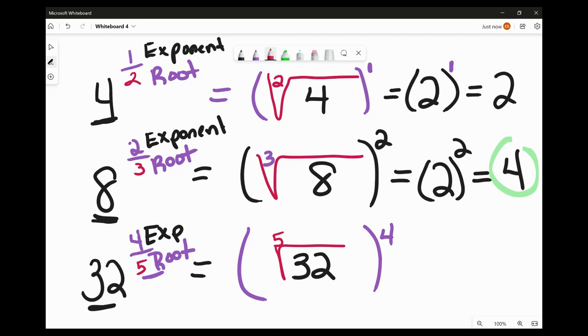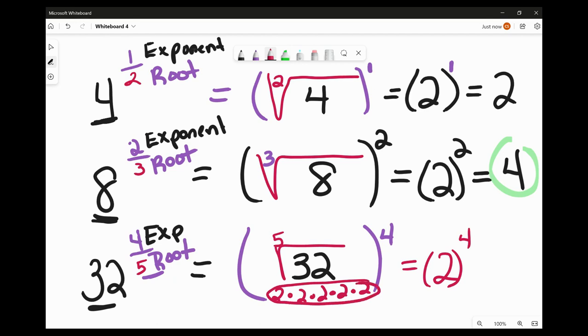So I want to know what number multiplied 5 times gives me 32. In that case, it is 2, and then it's still raised to the 4th power. So pay attention. The root is in the denominator, and the root goes inside the radical sign. 2 times 2 times 2 times 2 times 2 will give me 32.